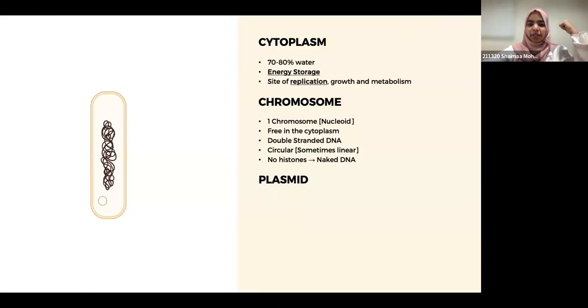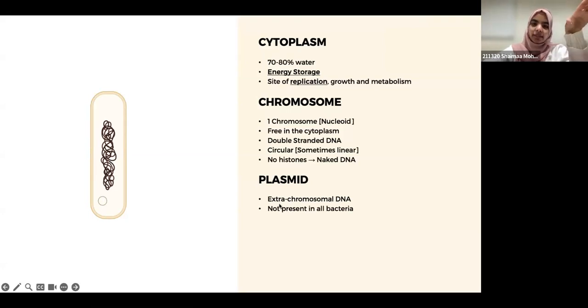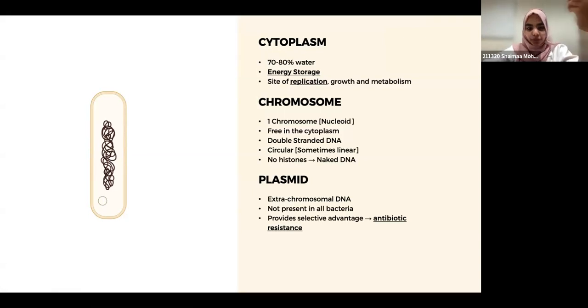So we'll start with what a plasmid is. Since it's DNA, it's also nucleic acid, but it's not part of the chromosome. So we call it extra-chromosomal DNA. And since it's extra, it's not present in all bacteria. So not all bacteria have it. And having it is good for the bacteria.